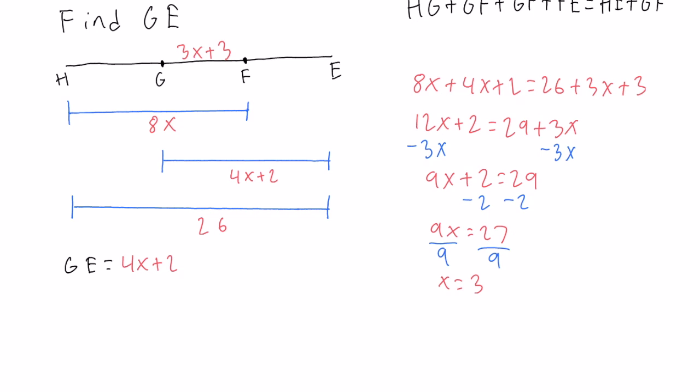And x is 3. So that means 4 times 3 plus 2. So that'll be 12 plus 2, which is 14. So GE is 14.